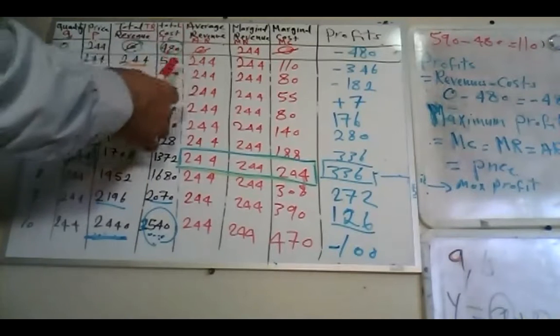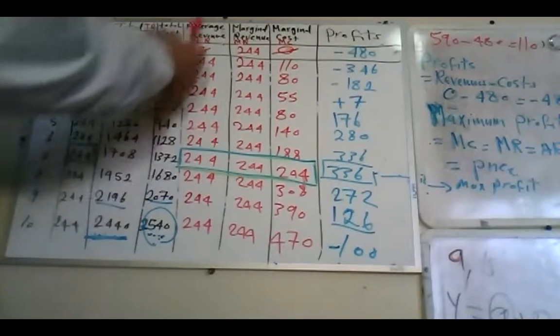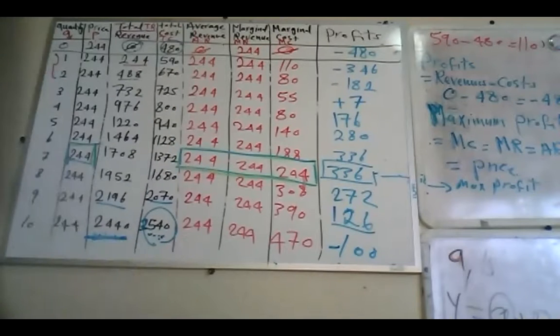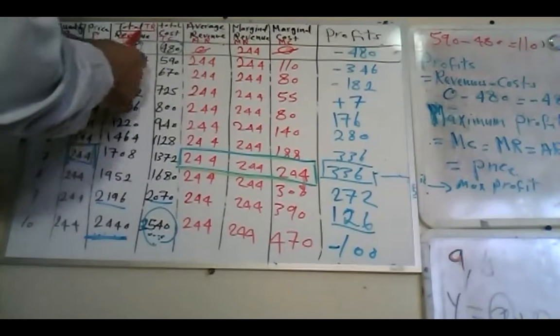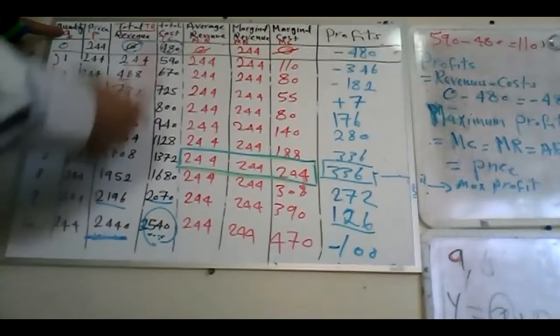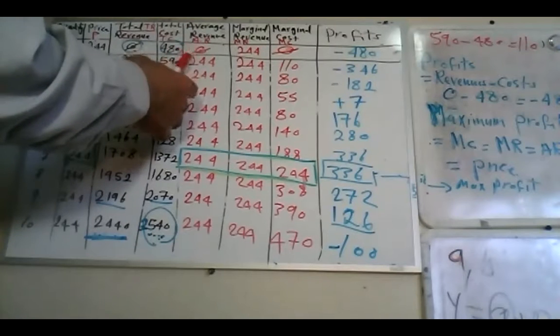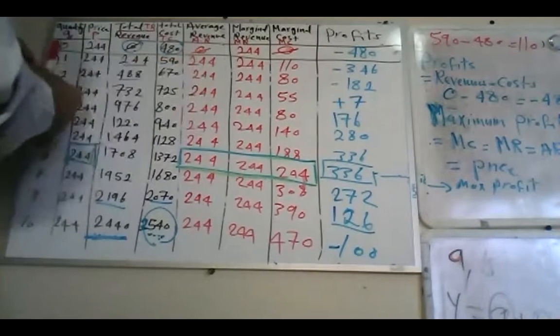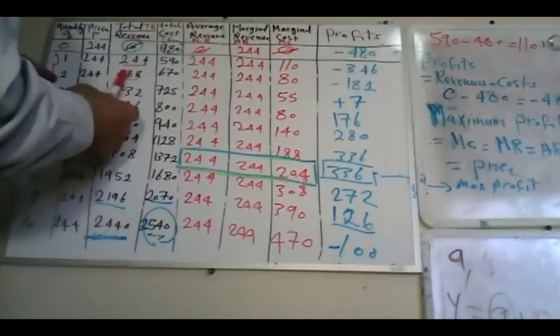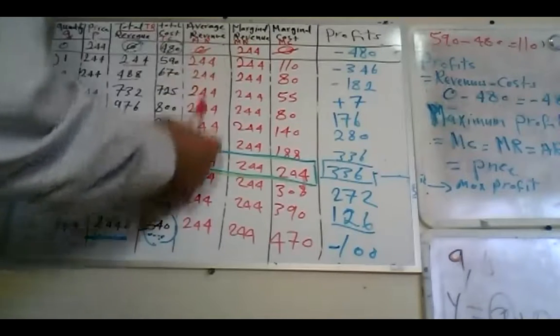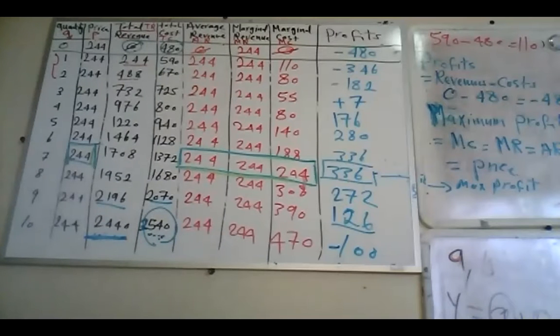Then you will have the average revenue. How do you get the average revenue? You get it by dividing the total revenue by the quantity. For example, 244 by 1 gives me 244, 488 by 2 gives 244. So you will find that this column is constant, the average revenue is constant.